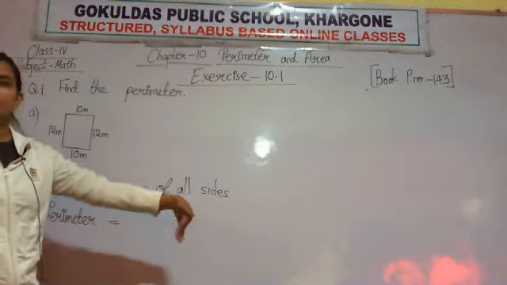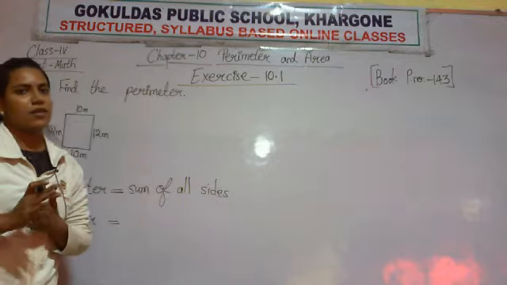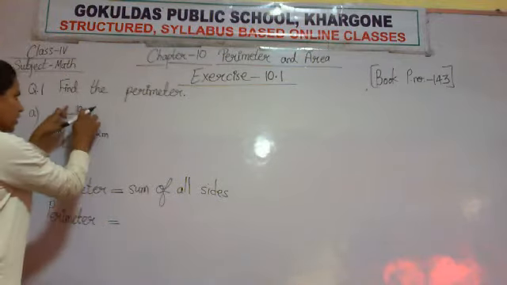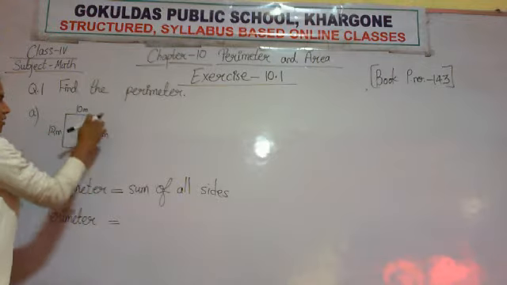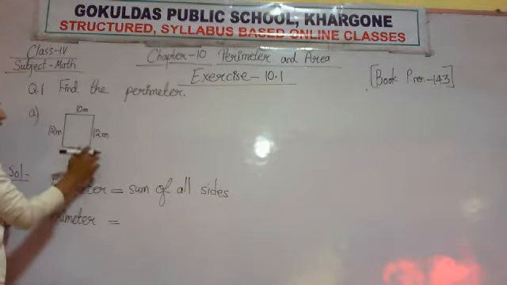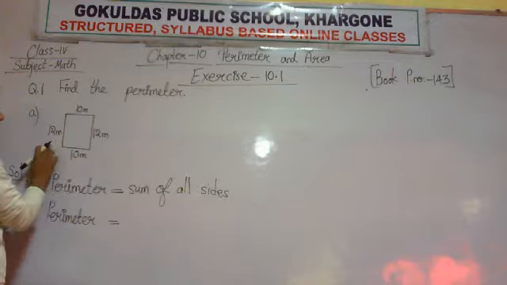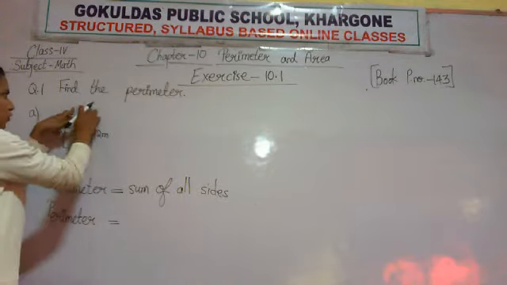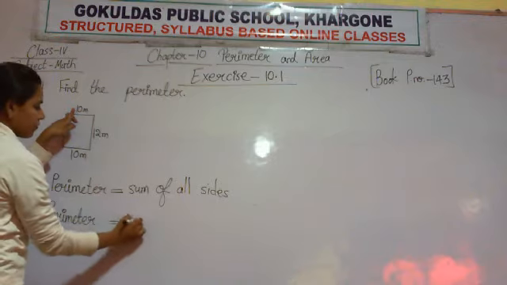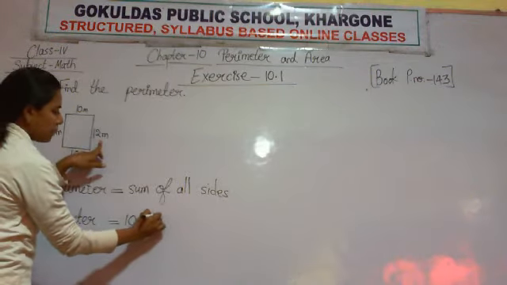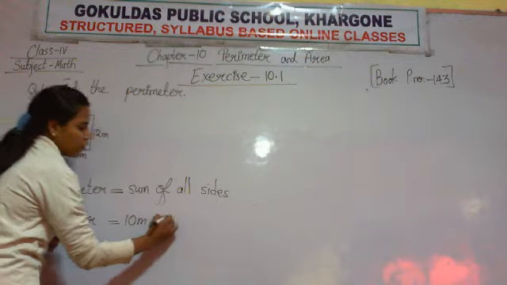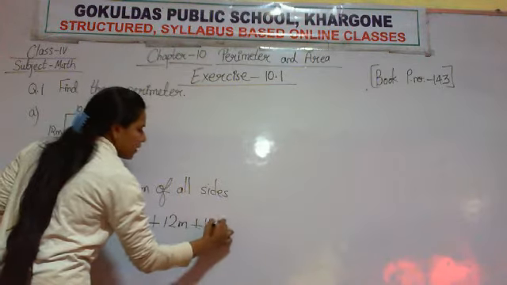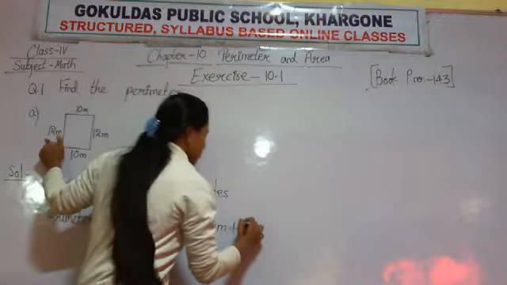Sum of all sides means what? Sum means we need to add the numbers. Now what numbers? The numbers written on the sides. We will add all these numbers as the formula is sum of all sides. So to get the sum, write 10 meter plus 12 meter plus 10 meter plus 12 meter.